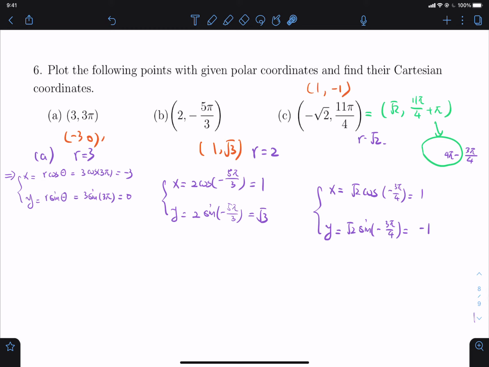So given the polar coordinate, to find the Cartesian coordinates, we need to understand what it means in the polar coordinate. The first coordinate in the polar coordinate means the distance from that point to the origin, right? So when this is 3, you have radius equal to 3. That is the radius of the circle whose center is in the origin, right? And then when you have radius equal to 3, you're going to use the formula x equal to radius times cos theta to figure out the x coordinate.